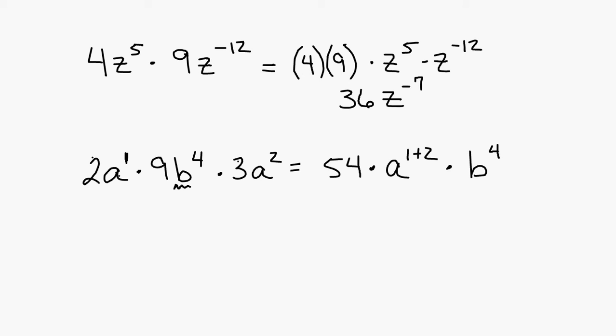So your simplest form is going to be 54, a to the 3rd, b to the 4th. You don't do anything after that. You don't add the 3 to the 4 because the bases aren't the same.